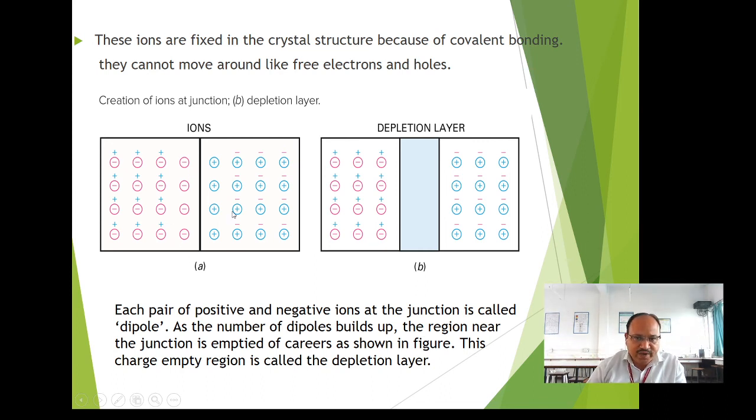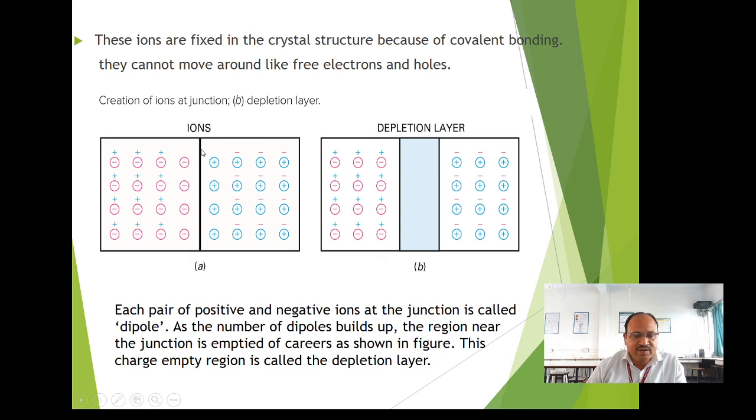So holes have vanished and electrons have also vanished. Actually, electrons have not vanished, they have fallen into the holes and become valence electrons. So this region is now a charge free or charge empty region. There are no charges over here.